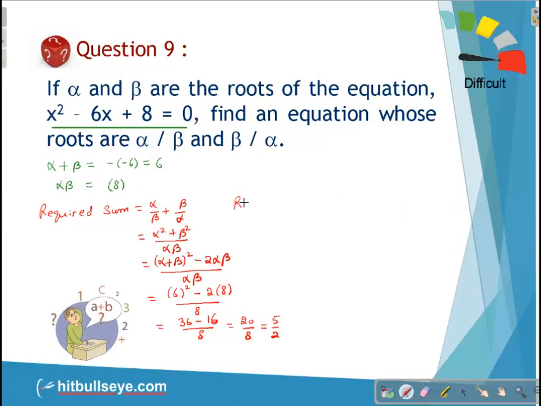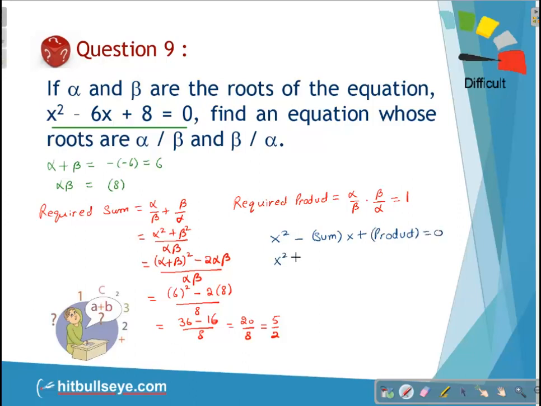Also the required product is alpha by beta into beta by alpha as 1. So we got the required sum and required product, and we know the equation here is x square minus (sum) x plus product equals to 0.